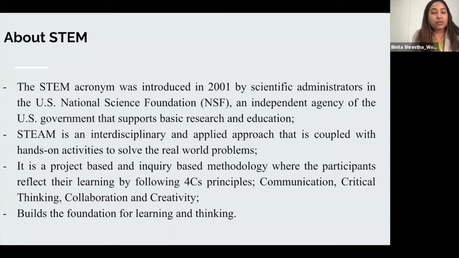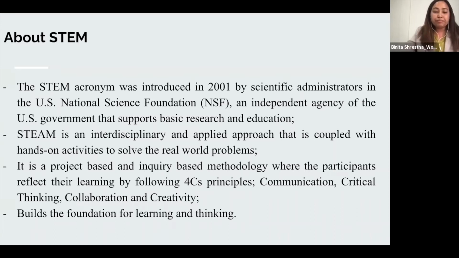The hands-on activities are run under project-based and inquiry-based methodologies to provide participants an idea of how to think, how to problem solve, rather than what to think and what to problem solve.